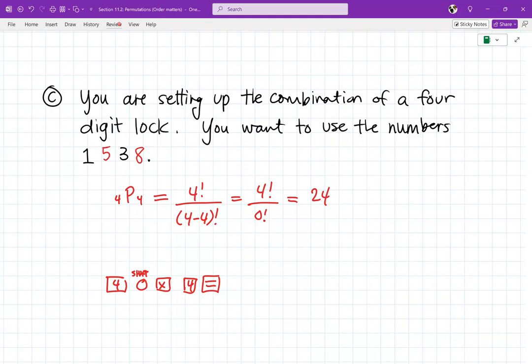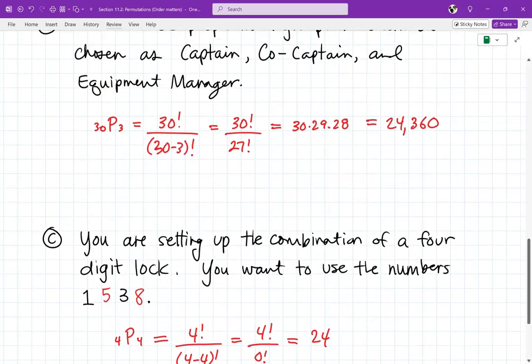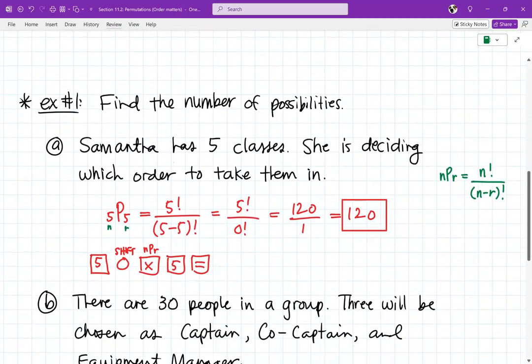So the main thing about permutations, guys, this is the harder one of the two between permutations and combinations. Permutations is the tougher one to understand because you have to ask yourself, not so much you personally, but when I asked the first question, you got 5 classes, you got to organize them.